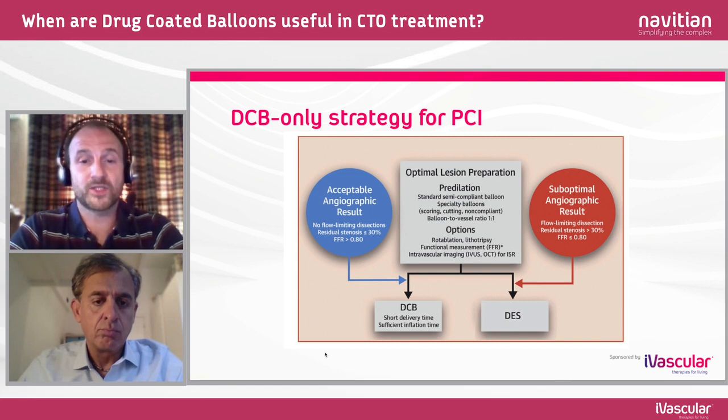Only once we achieve this can we proceed to the delivery of the drug by means of the drug-coated balloon. The drug-coated balloon has to be seen as a device to bring the drug in place and not as a device to open up the artery. In case we do not achieve this acceptable angiographic result, we should consider, of course, implanting a stent.